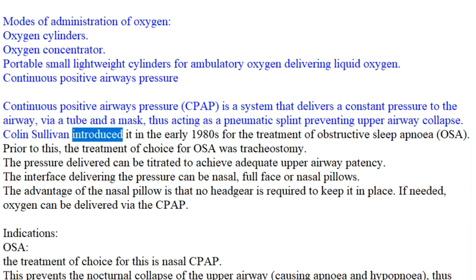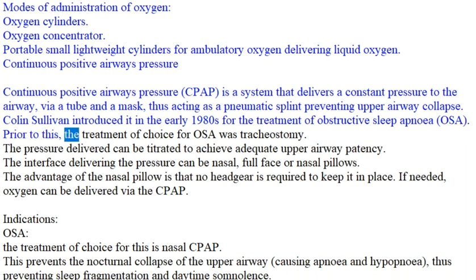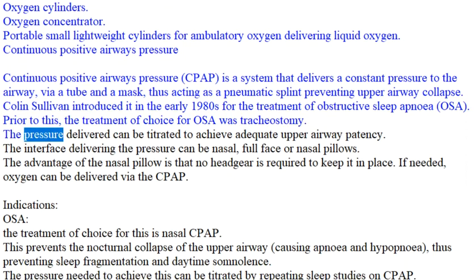Colin Sullivan introduced it in the early 1980s for the treatment of obstructive sleep apnea, OSA. Prior to this, the treatment of choice for OSA was tracheostomy. The pressure delivered can be titrated to achieve adequate upper airway patency.